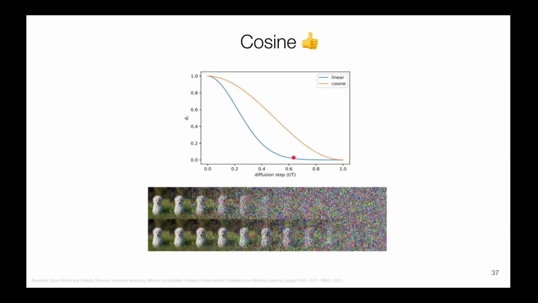So they just chose a well-known mathematical function, the cosine curve. They liked that it's a little bit more tapered, a little bit more smooth, not very abrupt at the extremes. So at t equals 0 and t equals T, it's pretty maintained. The drop-off is in the middle, and we can see here the information is retained for longer, and it doesn't dissolve to noise until the latter latents.